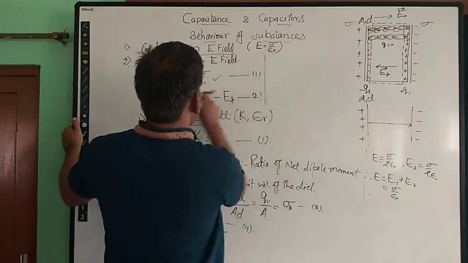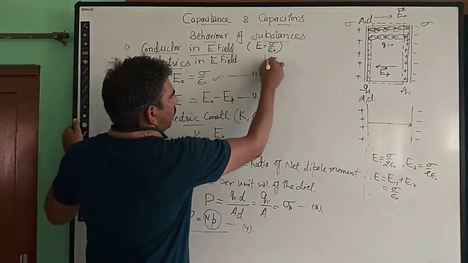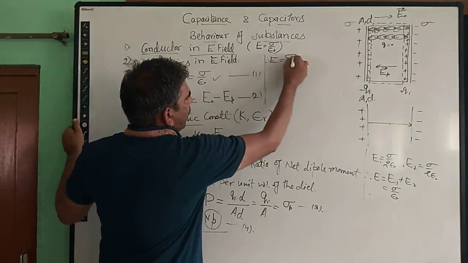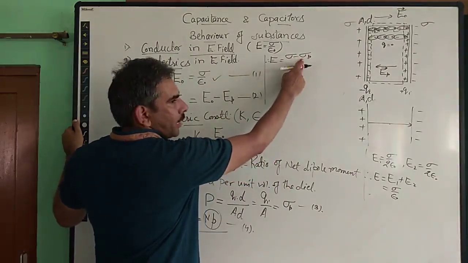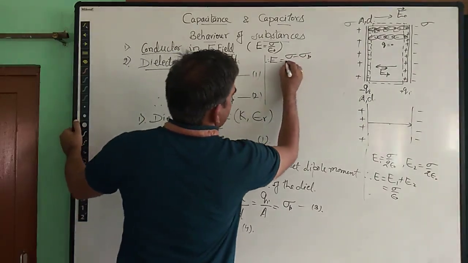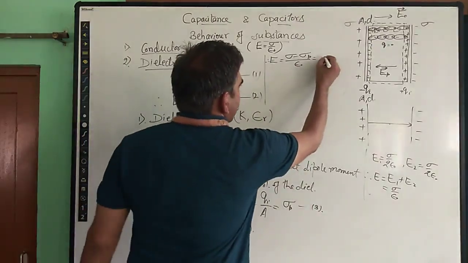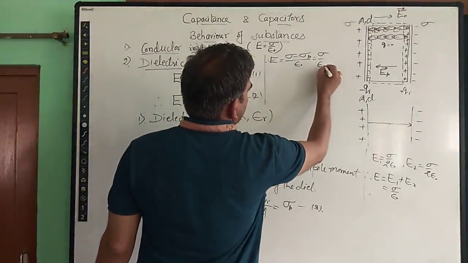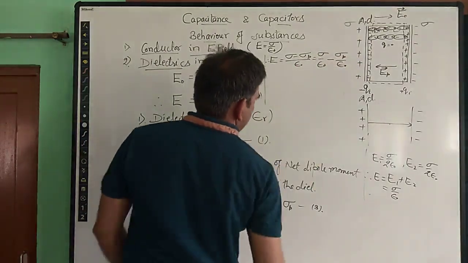So, from here, because the applied electric field can be written as this, the reduced value can be written as sigma minus sigma P, because this surface charge density has been opposed by the surface charge density which is induced due to the polarization process, divided by epsilon naught. Or we can write this as sigma upon epsilon naught minus sigma P upon epsilon naught.